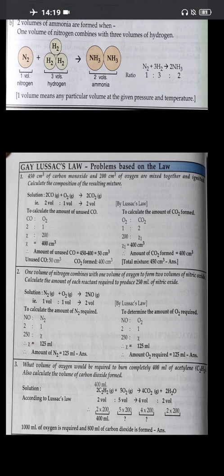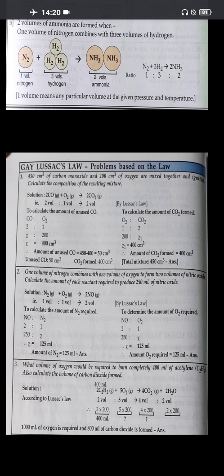Look at the volume. One volume of nitrogen reacts with one volume of oxygen to give you two volumes. Whose law is that? Gay-Lussac's Law of combining volumes. You are supposed to calculate the volume of nitrogen gas required. So NO is to N2, that means 2 volume is to 1 volume. If the volume is measured in ml, I'll take 2 ml is to 1 ml. Therefore 250 is to x.